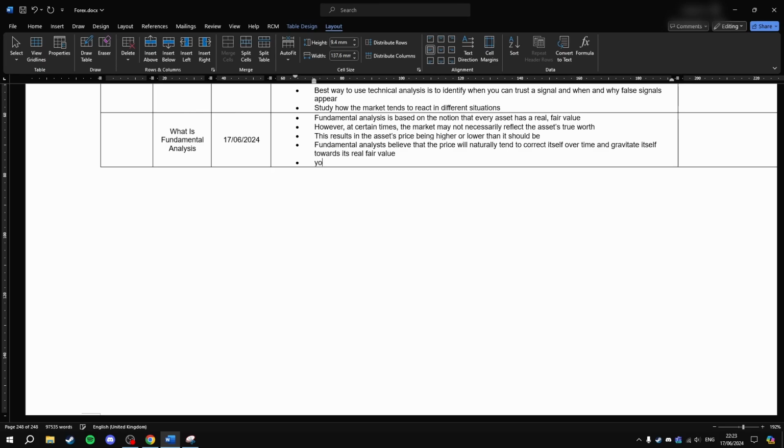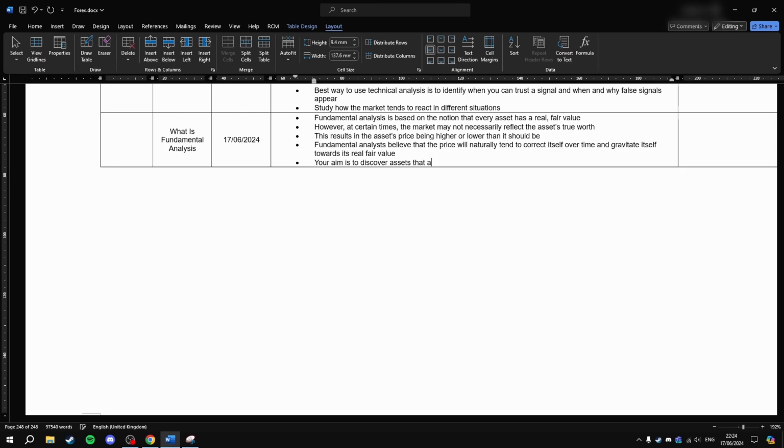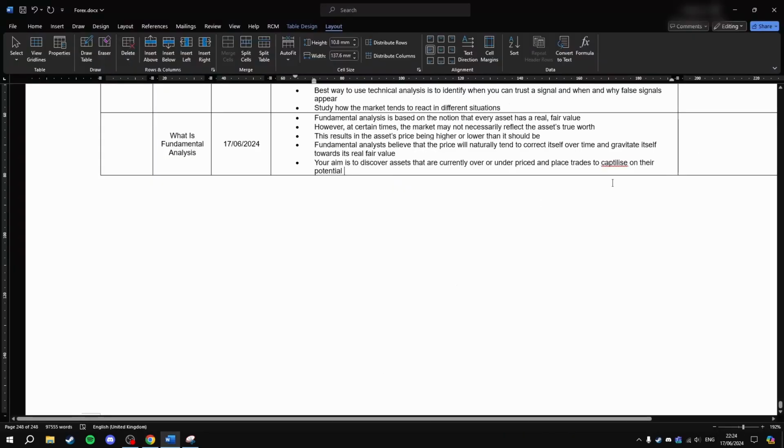So your aim is to discover assets that are currently over or underpriced and place trades to capitalize on the potential movements as the value corrects itself over time.